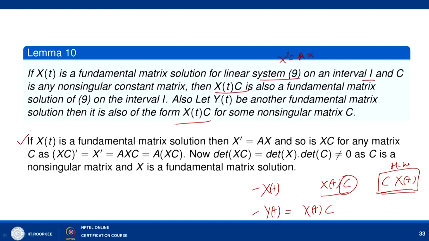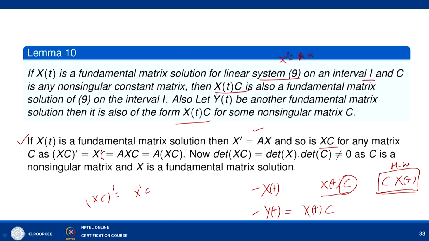Lemma 10. So, if X(t) is a fundamental matrix solution, then X' = AX will be satisfied by it. Then we can verify that X(t)C will also satisfy the same matrix equation. That is, (XC)' is nothing but X'C, because C is a constant matrix.